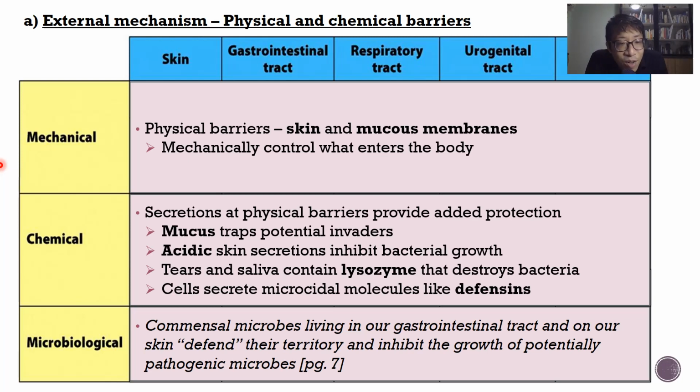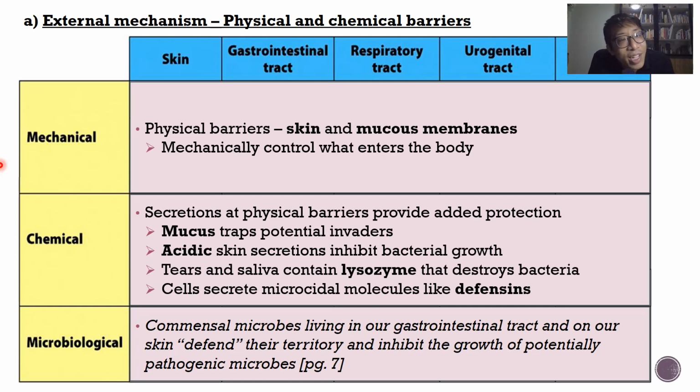These are called commensal microbes. They are not really part of our immune system, because they are not part of our cells. They are just bacteria or other microorganisms living on us and in us.